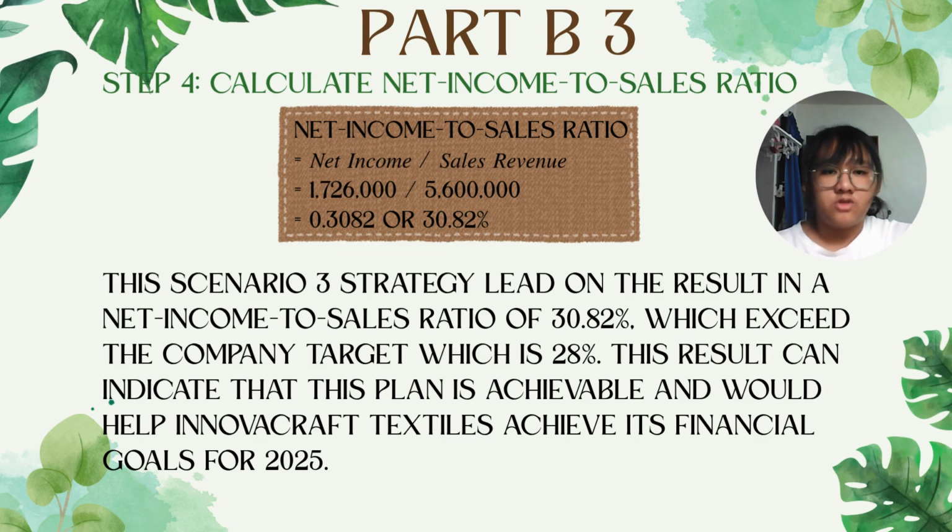This scenario 3 strategy leads to a net income to sales ratio of 13.82%, which exceeds the company target, which is 28%. This result can indicate that this plan is achievable and would help Inelcorp Textile achieve its financial goals for 2025.